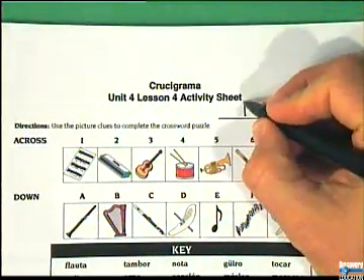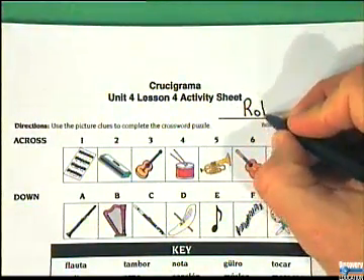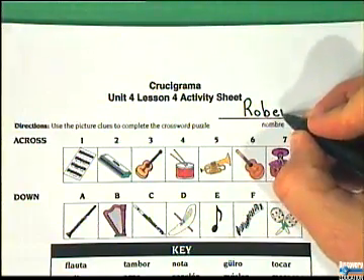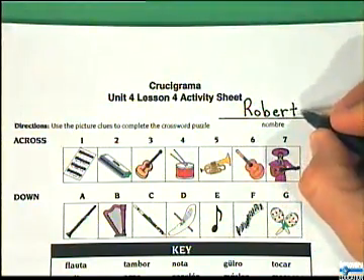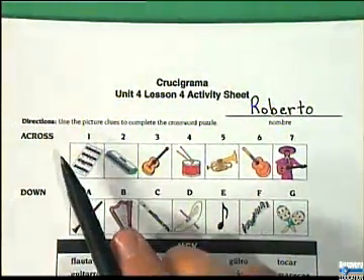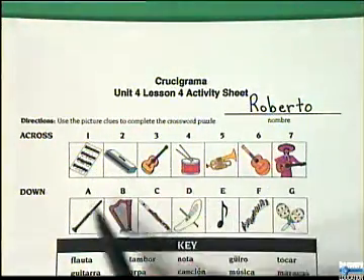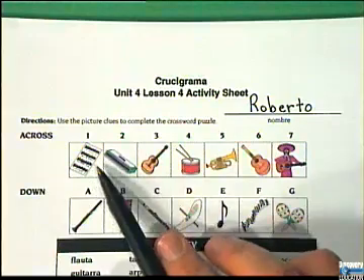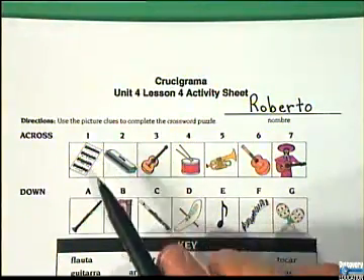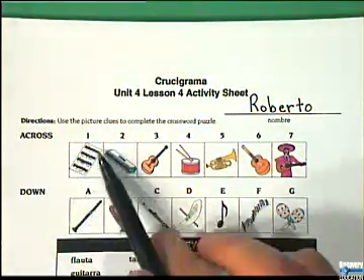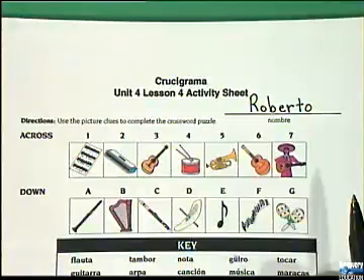Voy a escribir mi nombre, R-O-V-E-R-T-O. And now we have a cross, and we have some of the pictures that we've talked about, and some of the instruments. For example, this one is the sheet of music. This is what we call a song.